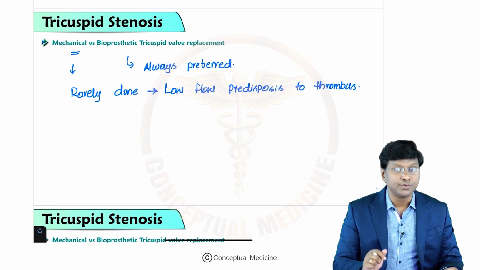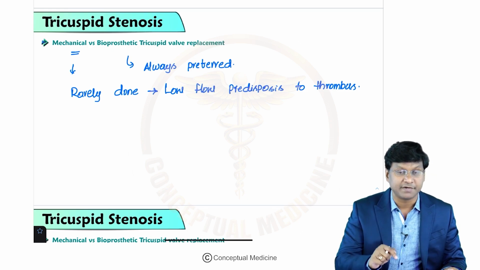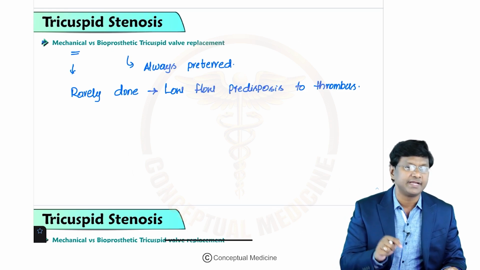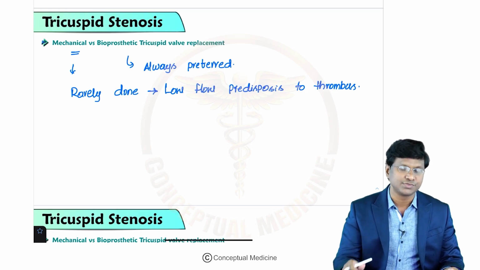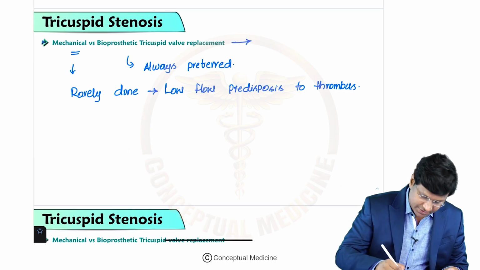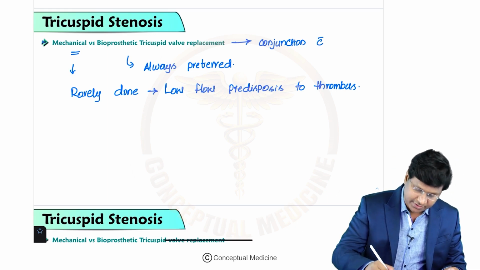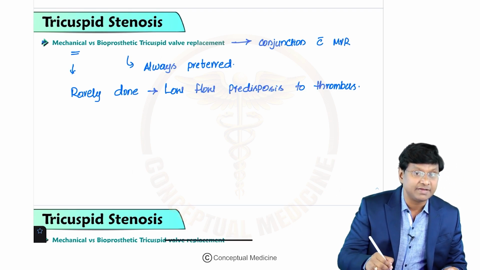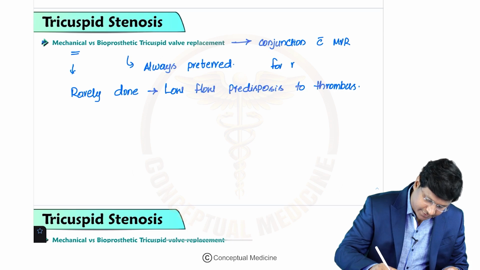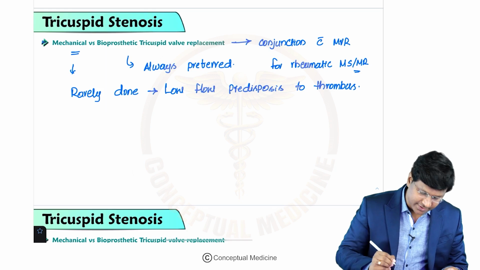And let me tell you, whenever you are doing the tricuspid valve replacement, it should be done in conjunction with mitral valve replacement for rheumatic mitral stenosis or mitral regurgitation.